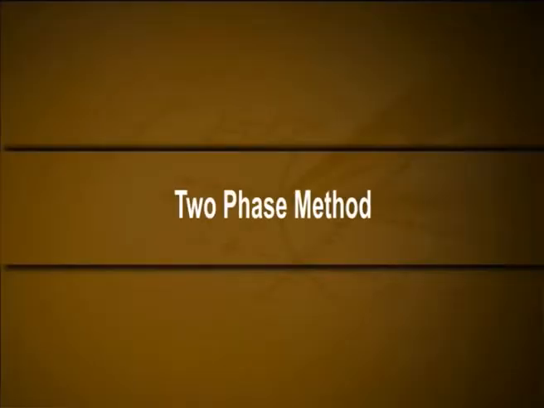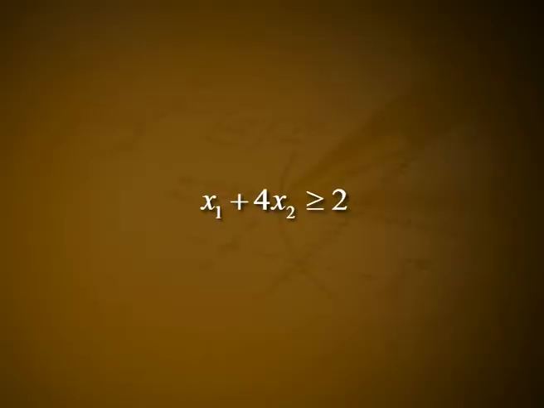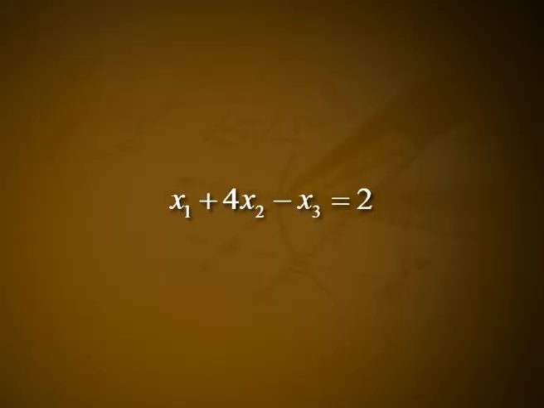Two-phase method. Consider a LPP with greater than or equal to constraints. Such constraints make the initial solution infeasible. Let x1 plus 4x2 greater than or equal to 2 be one of such constraints. After adding surplus variable, we get the equation of the form x1 plus 4x2 minus x3 equal to 2.